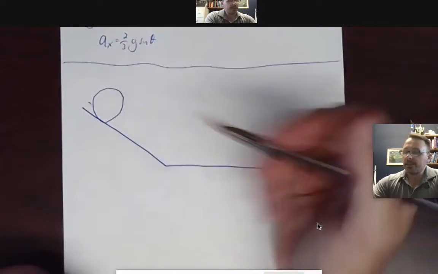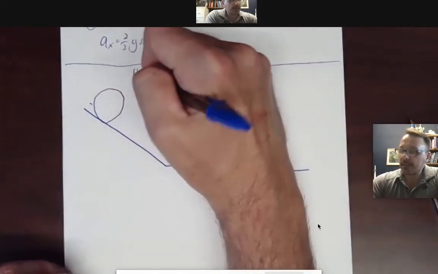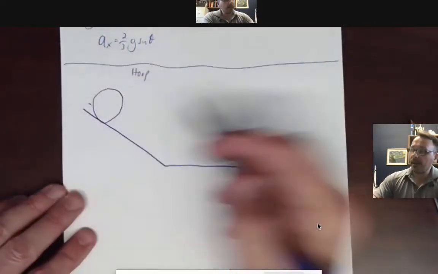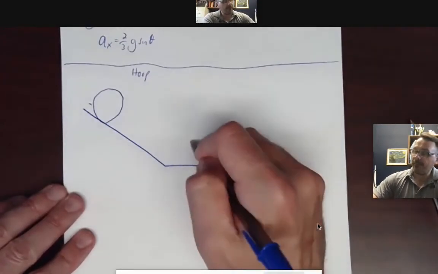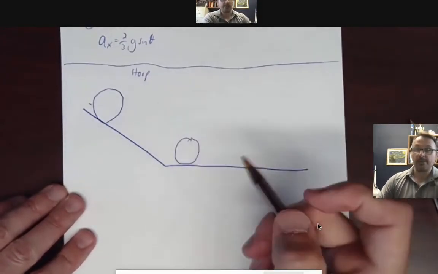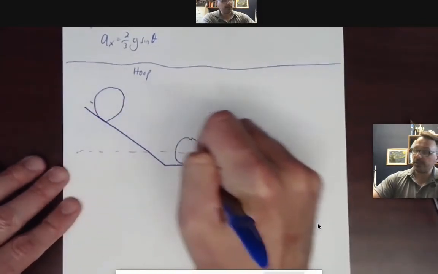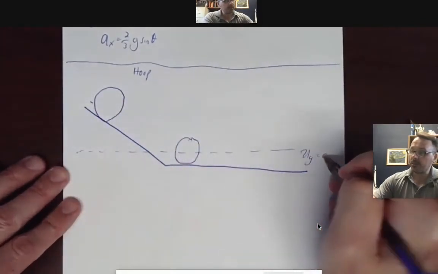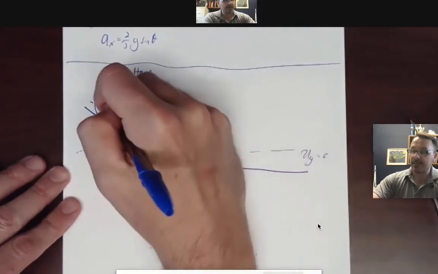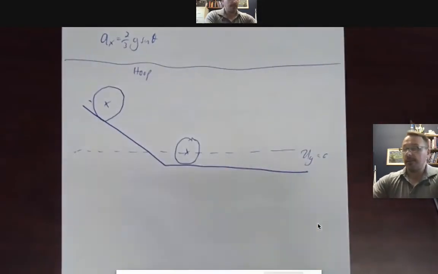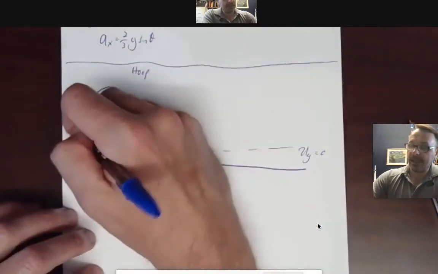So here we go. Let's say I have a hoop going down this distance, and I want to know how fast the hoop is going when it gets here. Same sort of process. We're going to start with a UG equals 0 line, where the center of mass is initially. Let's say our hoop is initially a distance h above.